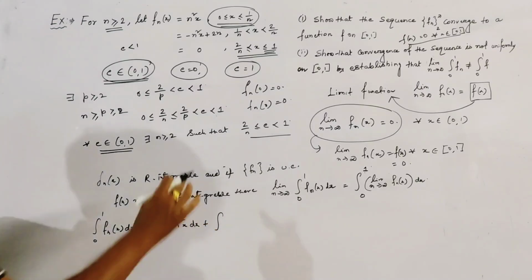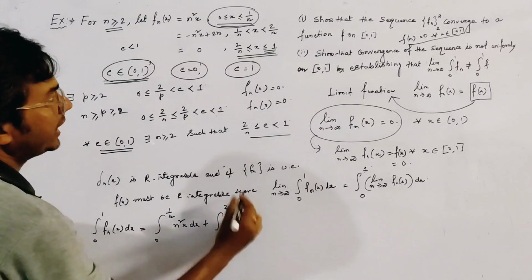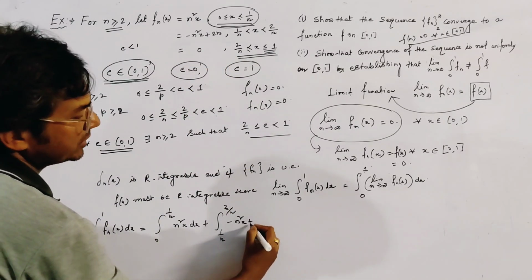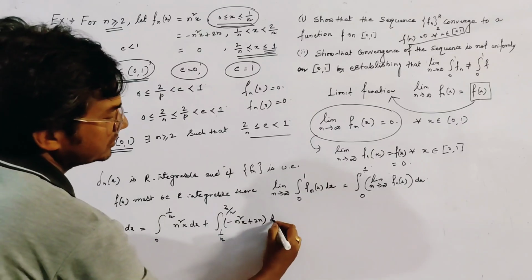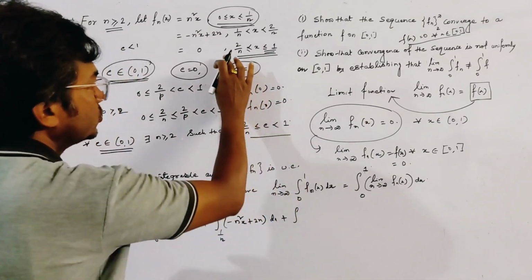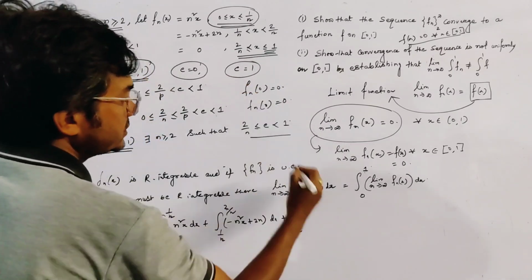The second interval is 1/n to 2/n, and the value is minus n square x plus 2n dx. The last interval is 2/n to 1, and this is 0 dx.